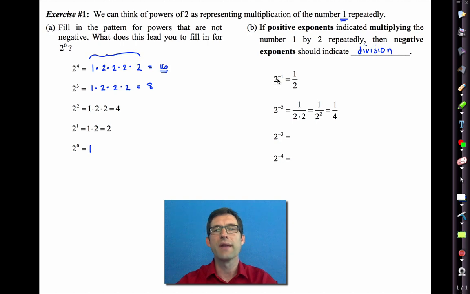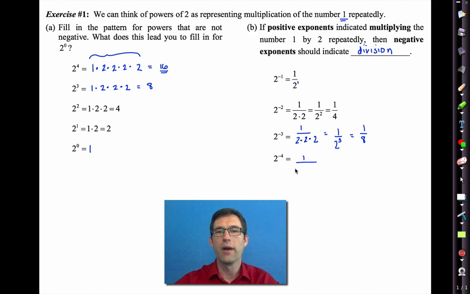So for instance, 2 to the -1 is 1 divided by 2 to the 1st. 2 to the -2 is 1 divided by 2 times 2, or 1 divided by 2 to the 2nd, which is 1/4. 2 to the -3 will be 1 divided by 2 times 2 times 2, which is 1 divided by 2 to the 3rd, or 1/8. 2 to the -4th will be dividing 1 by 2 four times, or 1 divided by 2 to the 4th, which is 1/16.